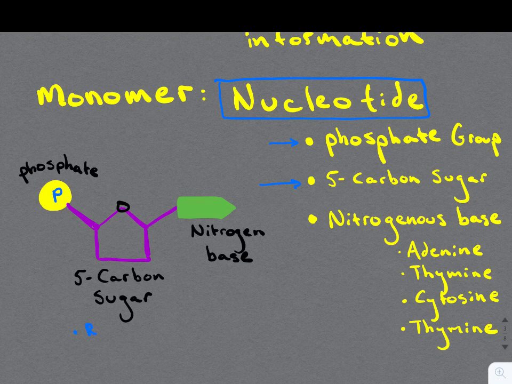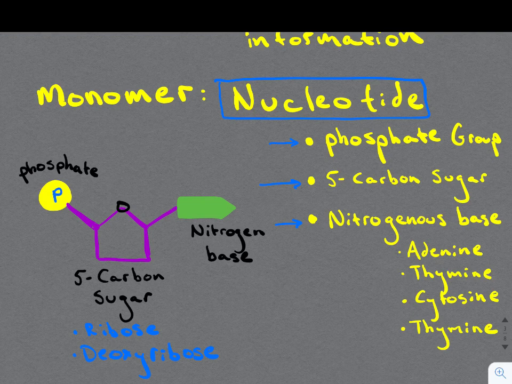You can either have ribose, which is found in RNA, or you can have deoxyribose, which you find in DNA. And the last component of a nucleotide is a nitrogenous base or nitrogen base. And so it's made of nitrogen and other components. And the structure of this nitrogenous base actually tells you which base you have.